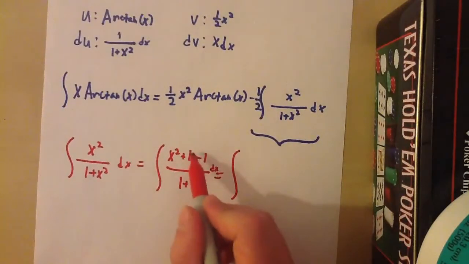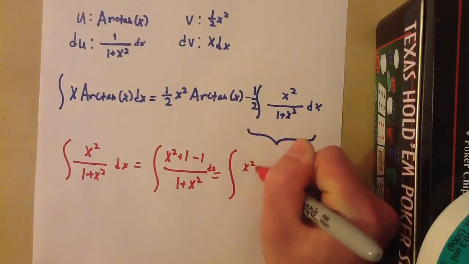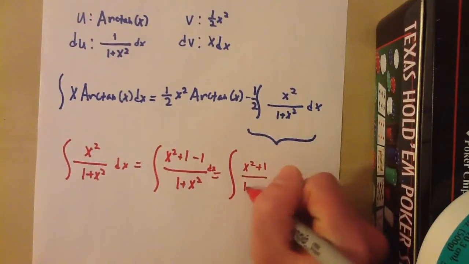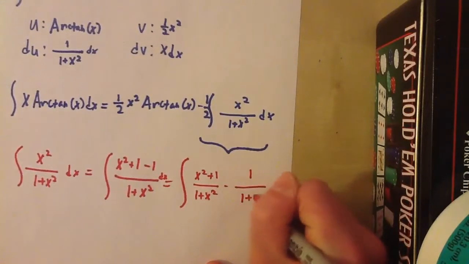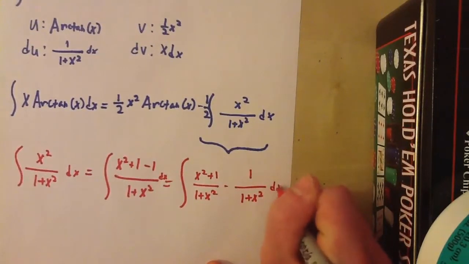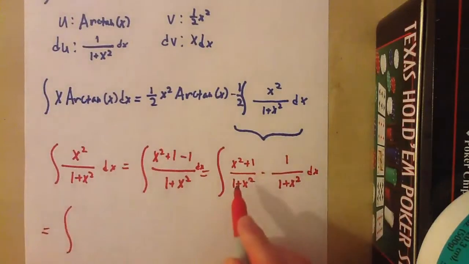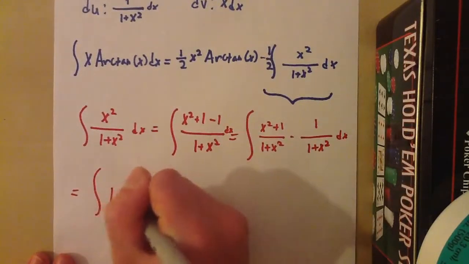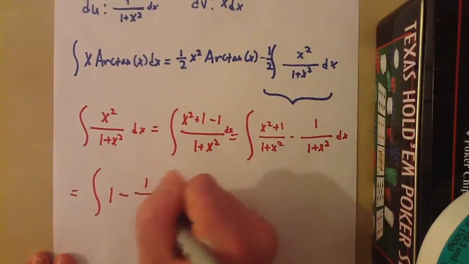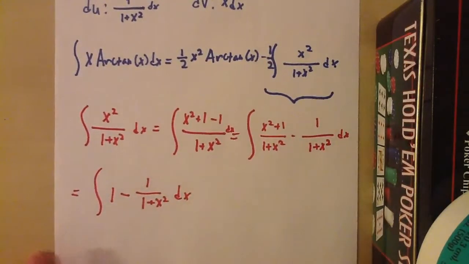So if you look at this, this simplifies to x squared plus 1 over 1 plus x squared minus 1 over 1 plus x squared dx, which is equal to the integral of, well, x squared plus 1 over 1 plus x squared, that's just 1, minus 1 over 1 plus x squared dx.